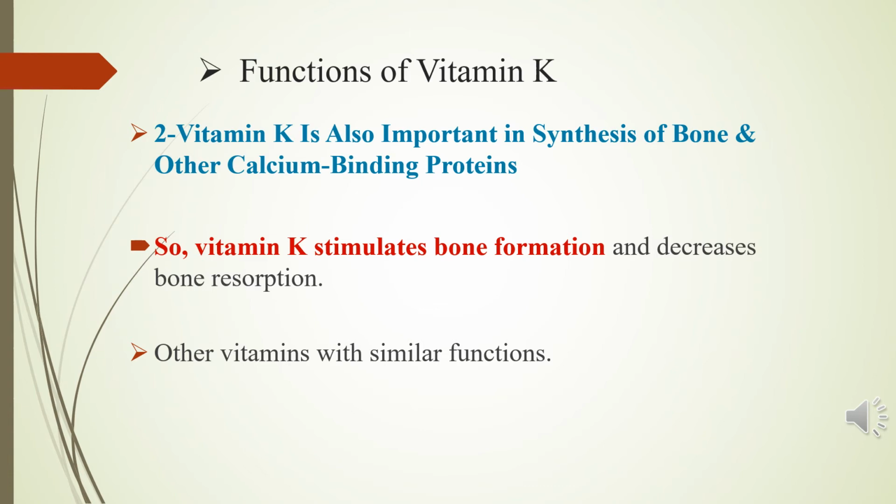Continuing with the functions of vitamin K, vitamin K is important in the process of bone synthesis and other calcium binding proteins. As we mentioned, it has a role in the carboxylation of glutamate to gamma carboxyglutamate.